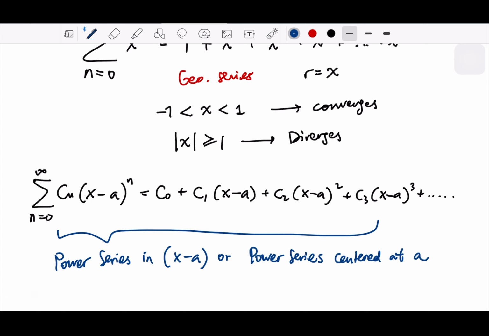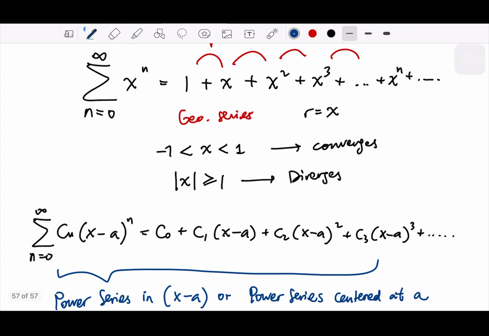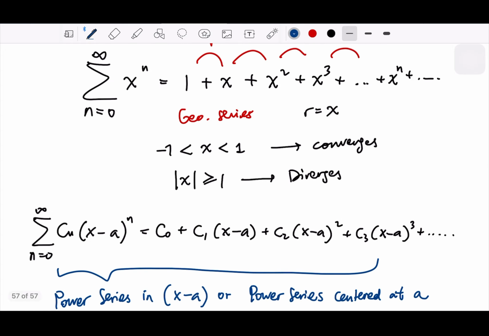Now, because of this x minus a, later when we learn about convergence, we learn that the ratio here, we can imagine like a circle.